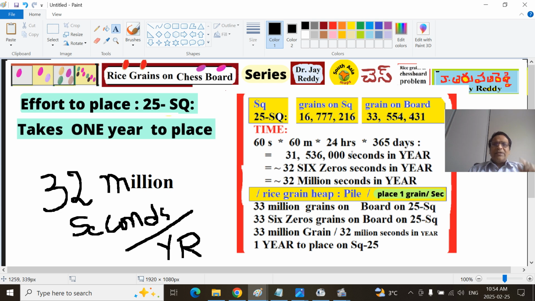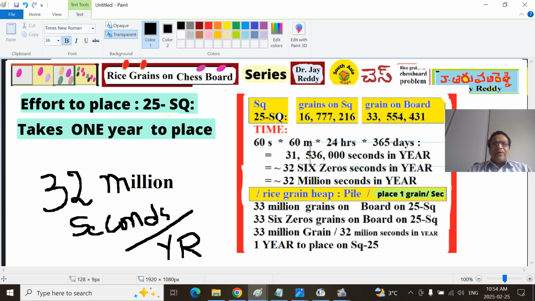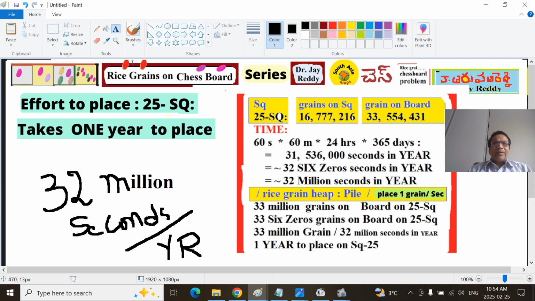That means essentially there are about 6 zeros after 31. Instead of 31, we round it to 32, with 6 zeros after it. 6 zeros means a million, a basic thing. Million is 6 zeros, billion is 9 zeros, trillion is 12 zeros. So there will be 32 million seconds in a year.